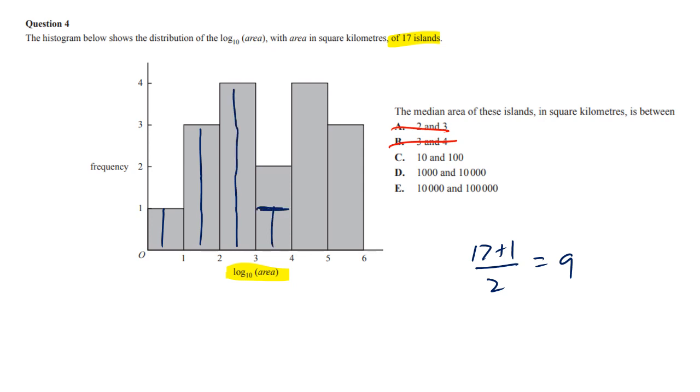So it's here, isn't it? Which means it's between 3 and 4. The 3 and 4 is 3 zeros and 4 zeros. And so it's between 1,000 and 10,000, which means the answer is D. And that's how you work that one out. Don't need to touch a calculator. A little bit tricky because they made you do the median as well.